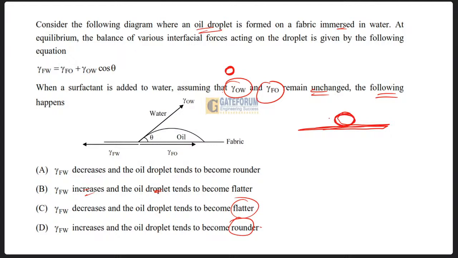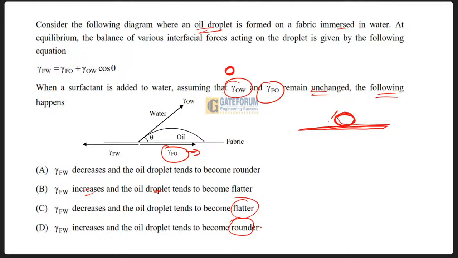Either it will absorb onto the fabric or it will not, because oil has no tendency for absorption, so you need to check this aspect. The angle that will form with the surface is known as gamma. Gamma FO means angle of fabric with respect to oil, the angle at the fabric oil interface.